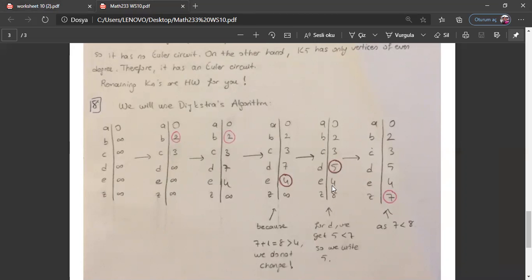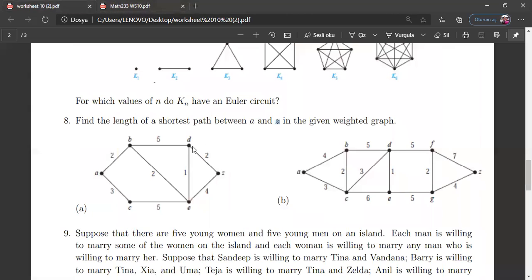So here we have the last computation. Now let's check again. We recall that we had 5 here at D, right? We have 2, 4, 5.